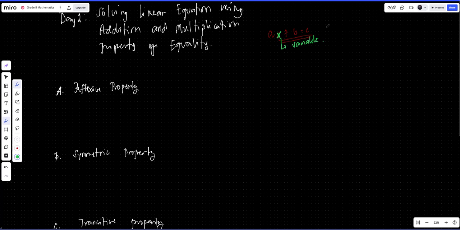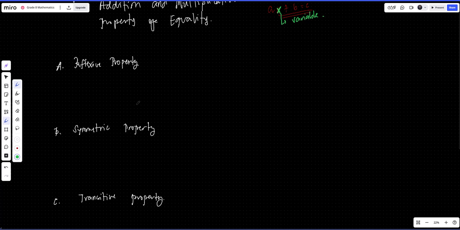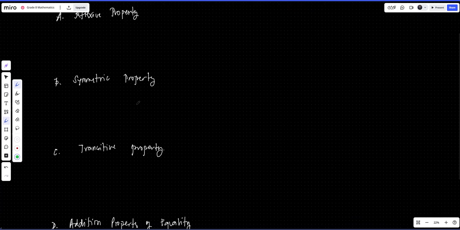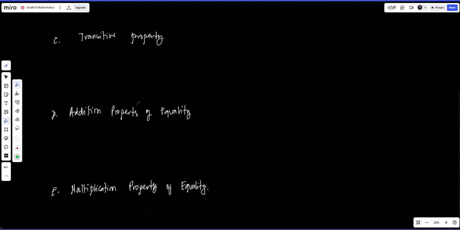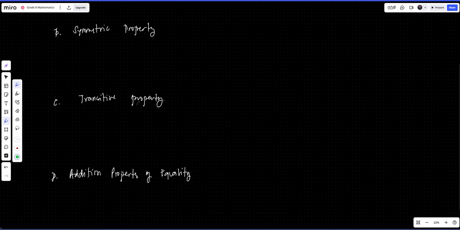Now, let's go back to the topic, which is solving linear equations using the addition and multiplication property of equality. We have at least six properties: the reflexive property, symmetric property, transitive property, addition property of equality, and multiplication property of equality.